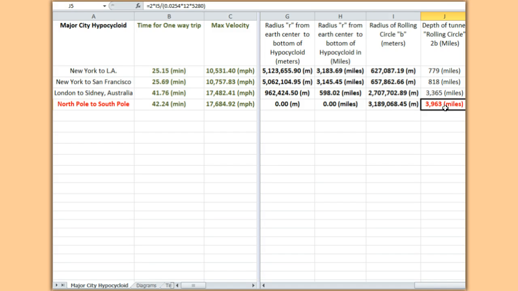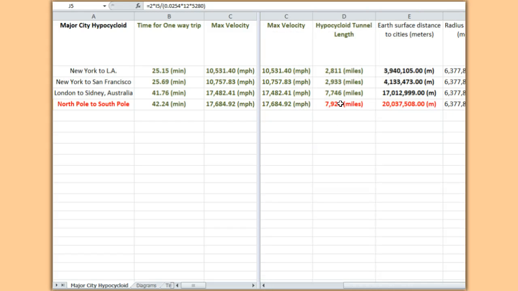And the depth of the tunnel is really twice this, but I left it 2b so you can see that the radius of the rolling circle is equal to the radius of the Earth. But the depth of the tunnel turns out to be the same as the hypocycloid length, which is twice the radius of the circle.